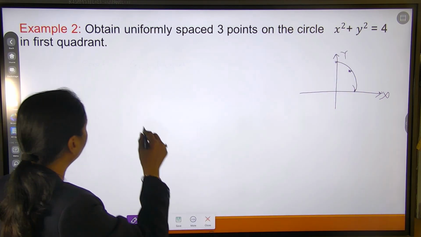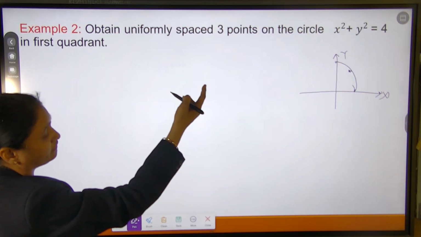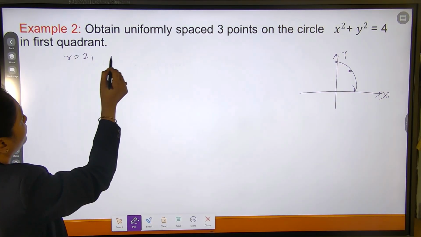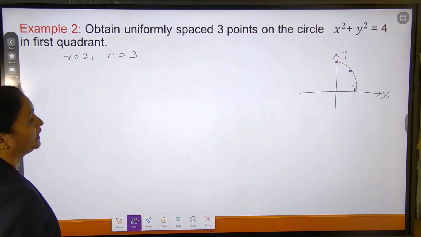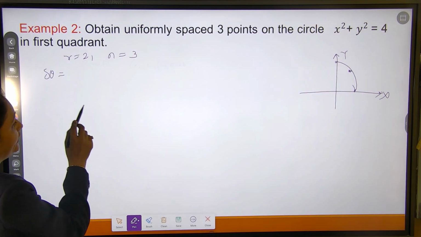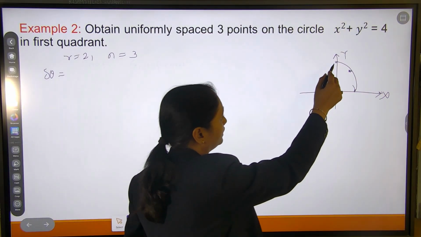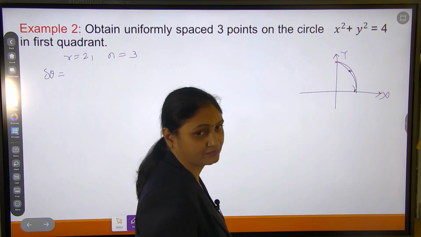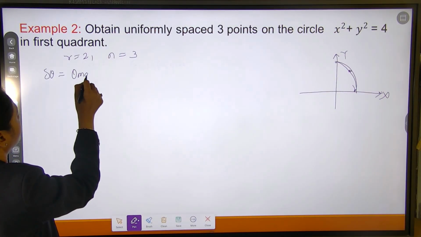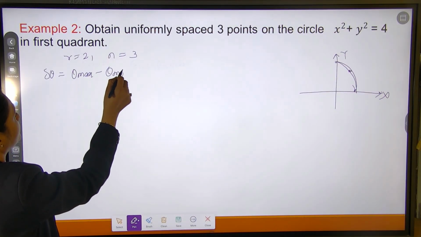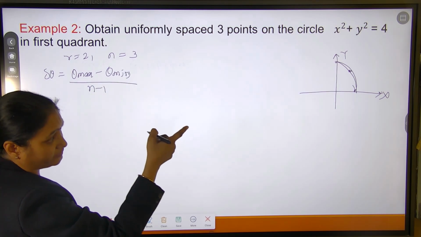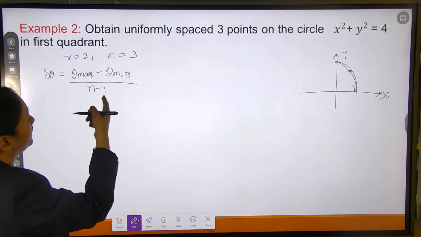So again, if we compare this equation with x square plus y square is equal to r square, we get r is equal to 2 and the number of points n is equal to 3. Then calculate delta theta. Now the curve is an open arc, so delta theta is theta max minus theta min upon n minus 1, because the curve is open arc, so we take n minus 1.